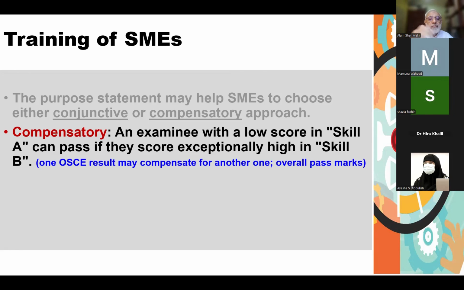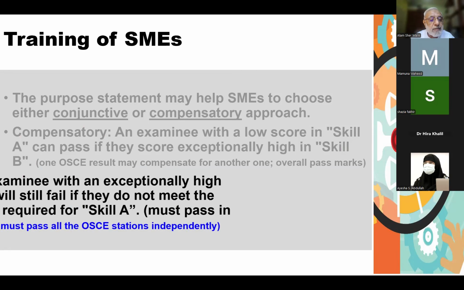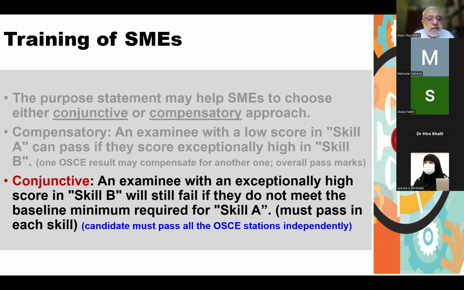In the compensatory approach, an examinee with a high score in skill A can pass if the score in one is very low and in the other is very high, but combined they pass. This is the compensatory approach, and it would come into play in just a minute. I'll explain. And the conjunctive approach is that the candidate must pass each station independently.